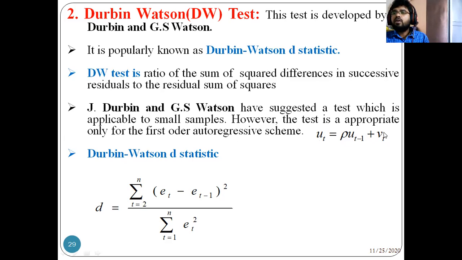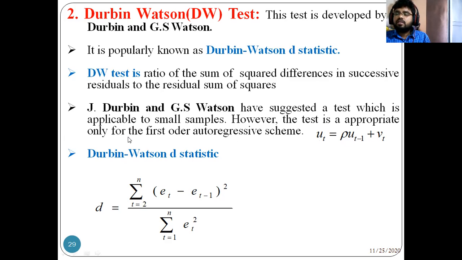If you take into account rho 2 u t minus 2, that is second order, that is a second order autoregressive. When we are running such a model, we cannot use the DW test, which is not a good or appropriate test when you are running a second order autoregressive model.